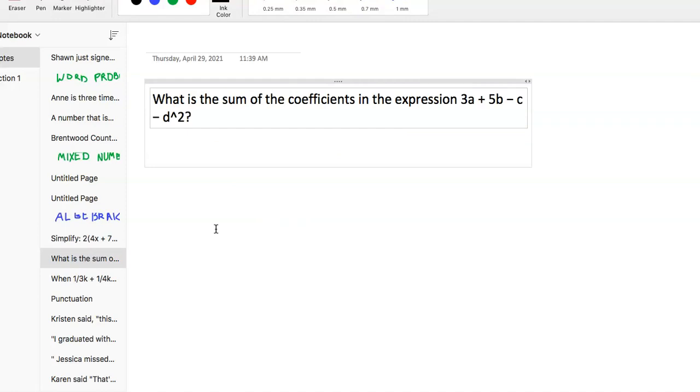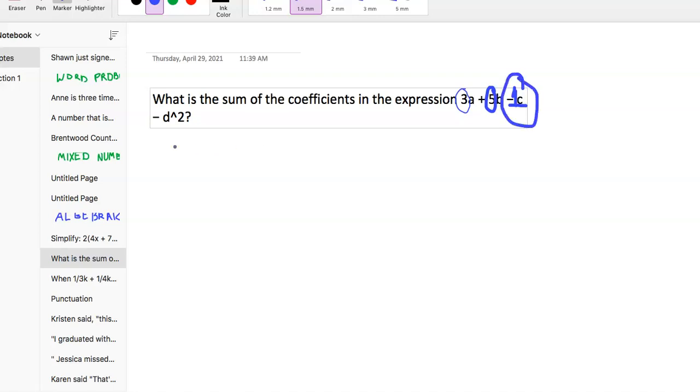Okay, what is the sum of the coefficients? The coefficient is just the number that's in front of the variable, right? So the coefficients, we have 3, we have 5. Then you have negative c, which is the same as negative 1c. And then you have negative d squared, same thing, that's just negative 1 also.